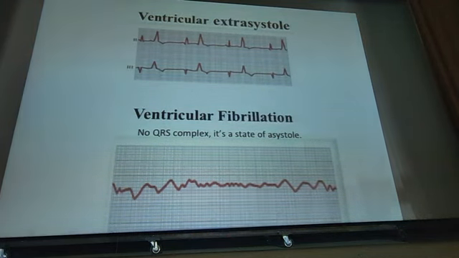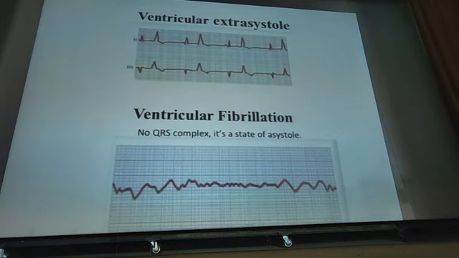What is ventricular fibrillation? Why is it called fibrillation? Because there are fibrillating waves and the ventricle is fibrillating, not contracting all together, not causing ejection. There is no blood pumping to the body.